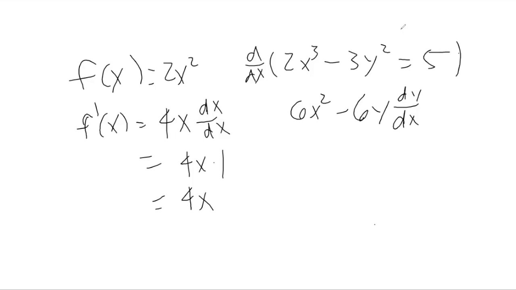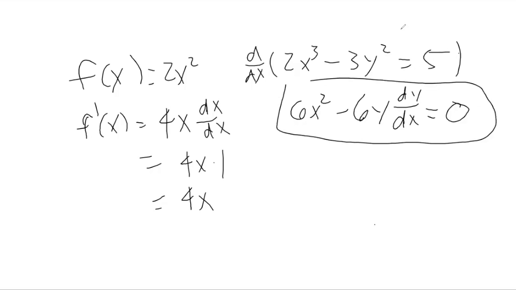Oftentimes you'll be asked to solve for this, and you'll have to do some fancy algebra to solve for it, but that's where this dy dx comes from. Taking the derivative of a constant, in this case 5, is always going to result in 0. So this would be your final result of taking the derivative of the equation above.